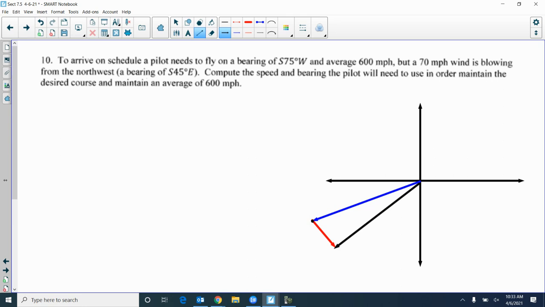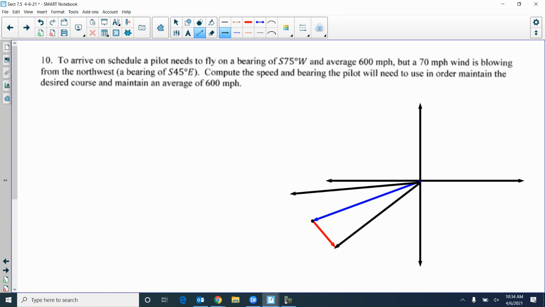So which way does this plane have to aim? Because if it aims right there, it's not going to end up there. Okay? So it actually has to aim somewhere over here, and then the wind will push it.